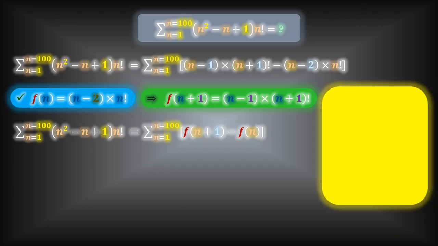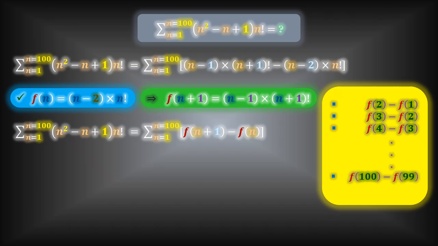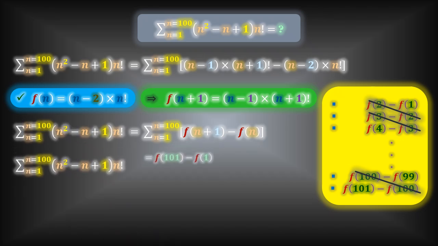If we expand this sum, we obtain f of 2 minus f of 1, plus f of 3 minus f of 2, plus f of 4 minus f of 3, and so on until f of 100 minus f of 99, plus f of 101 minus f of 100. All the middle terms cancel. So the expression becomes f of 101 minus f of 1.